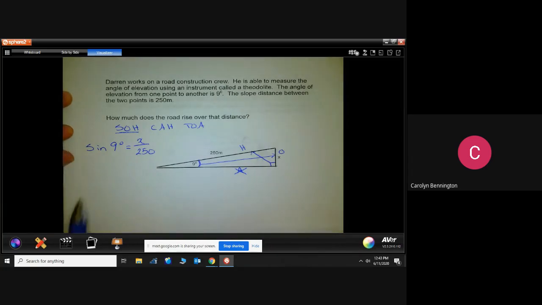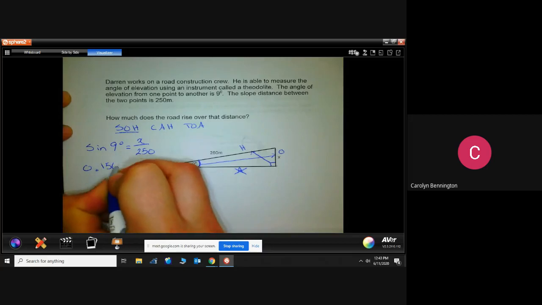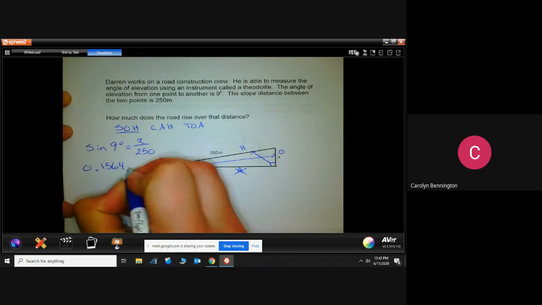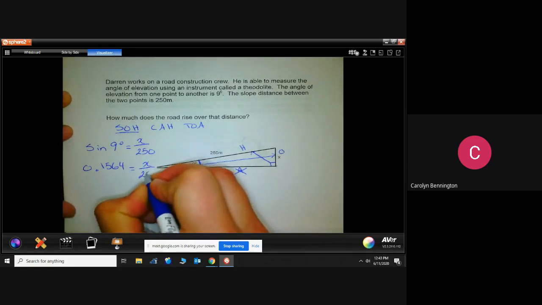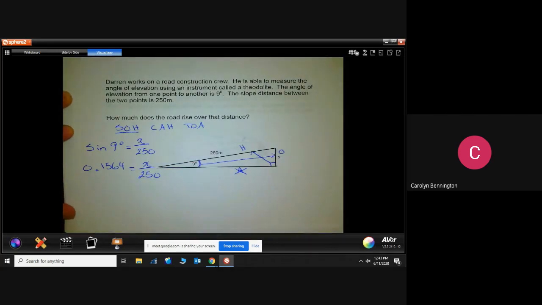So to calculate this, we're going to figure out what sine of 9 is. Type that into your calculator. And we get 0.1564 equals x over 250. We're going to put a 1 underneath of our decimal, and then we're going to cross multiply.